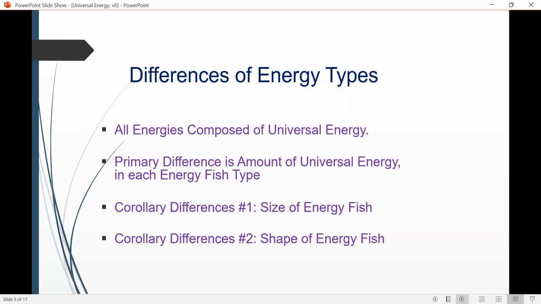And it is a combination of the amount of universal energy and the size, which can make the complex origami shape. Okay, and that's another corollary. So: sameness in the essence of universal energy; difference in the amount of universal energy, the size of the energy fish, and the geometric shape of the energy fish.